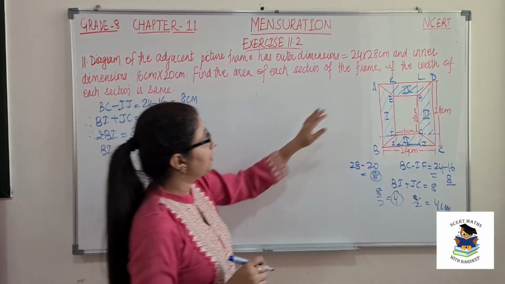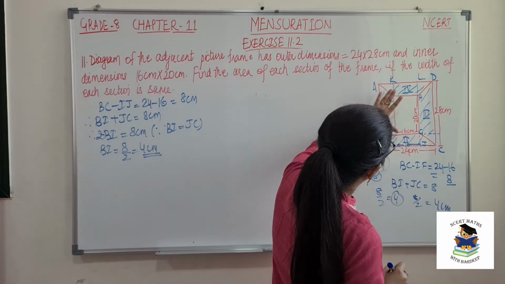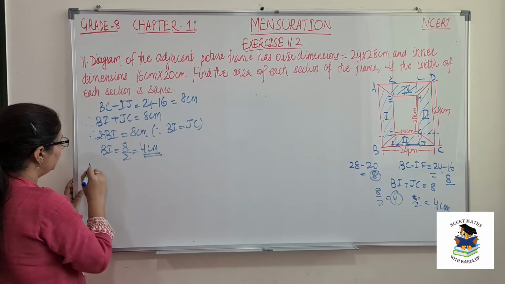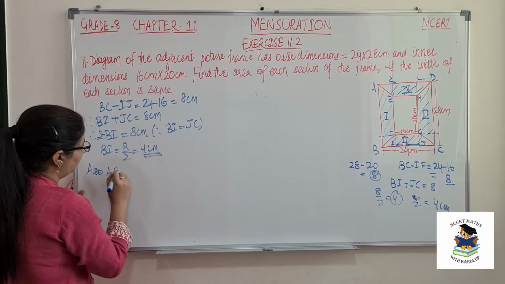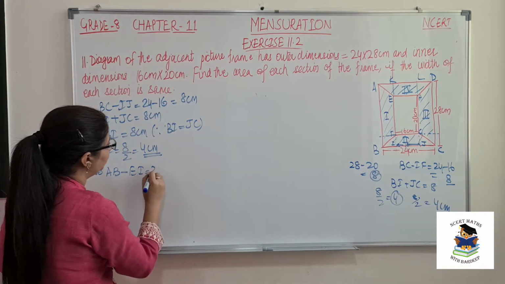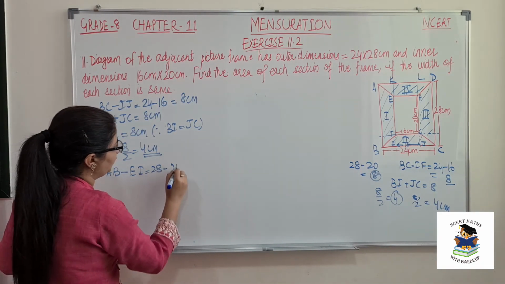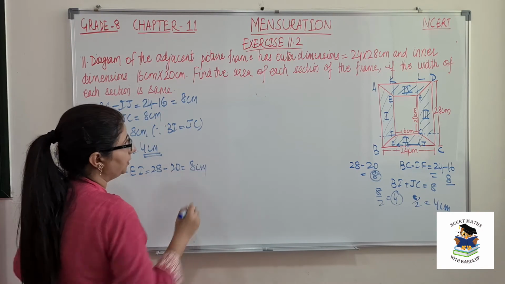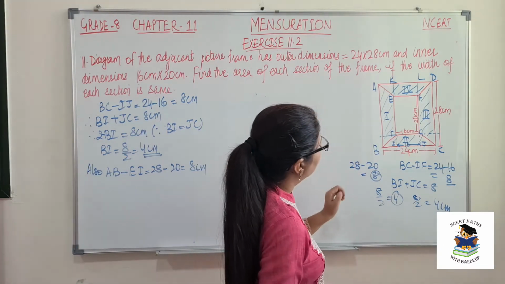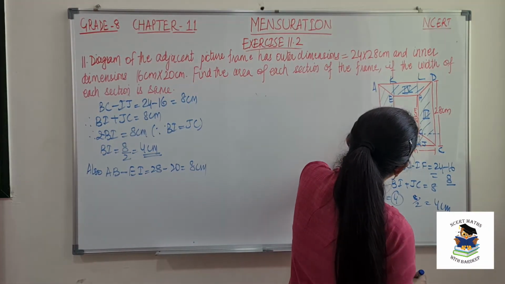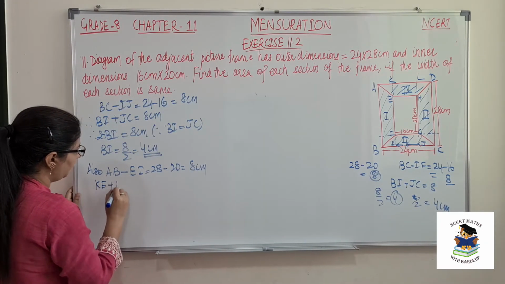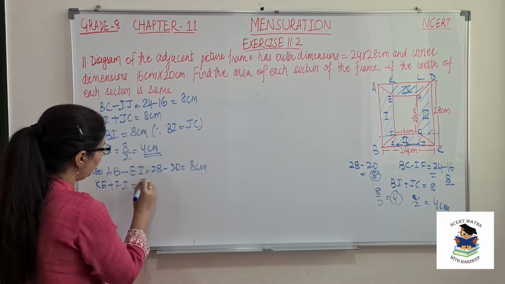Now we can see this AB is 28 and EI is 20. Also, AB minus EI is equal to 28 minus 20. This is again 8 centimeter. So this 8 centimeter means KE plus FI, so KE plus FI is 8 centimeter.